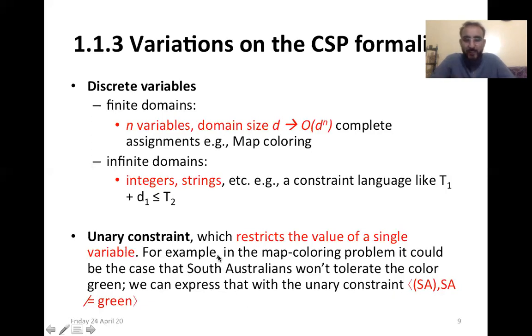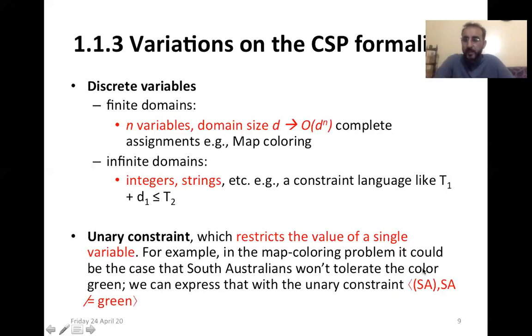Here, an example is given: in a map coloring problem, if some citizens of South Australia want a green color for their state and no other color, then this is an example of a unary constraint.